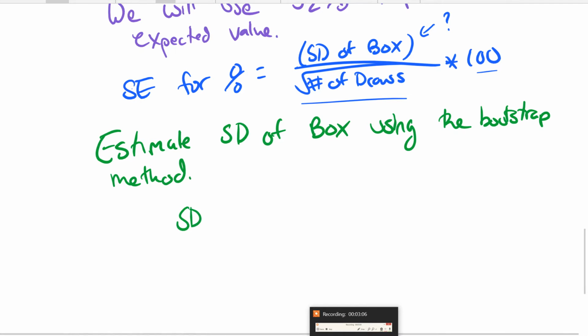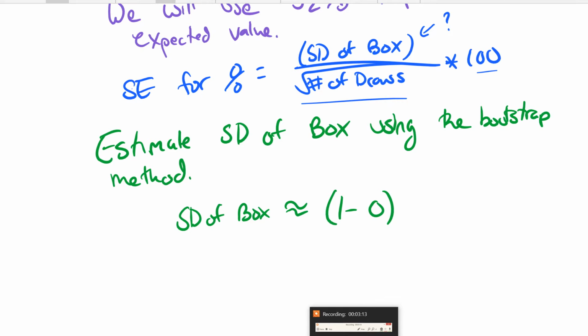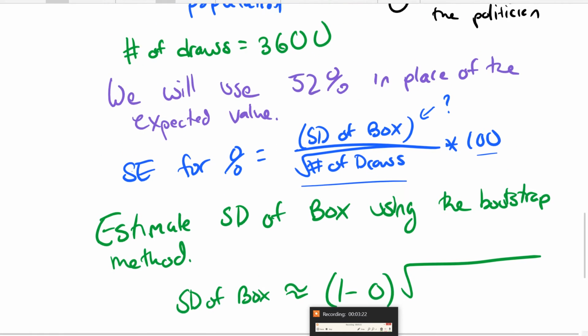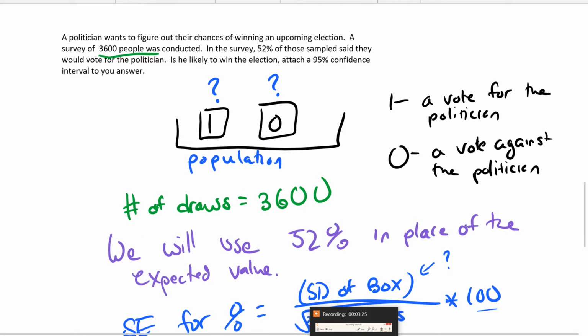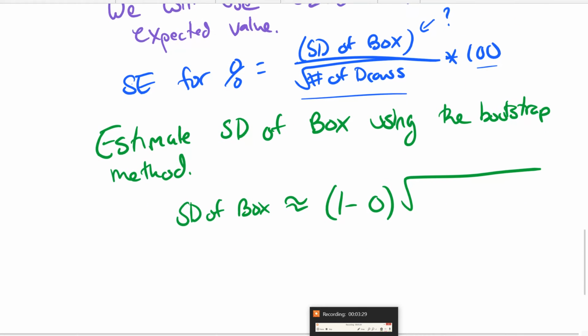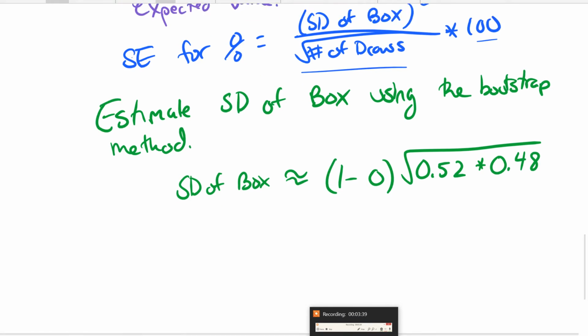So the SD of the box is approximately 1 minus 0, because 1 is the big number in the box and 0 is the small number in the box, times the chance of drawing a 1. Again, we don't know that because we don't know the box, but we'll say it's about the same as the chance of drawing a 1 in the sample. In the sample, that was 52%. Make sure you have that in decimal format, which means the chance of drawing a 0 is 48% or 0.48.